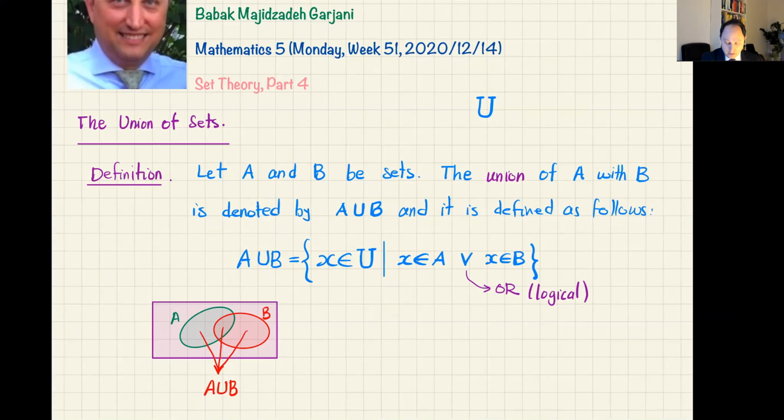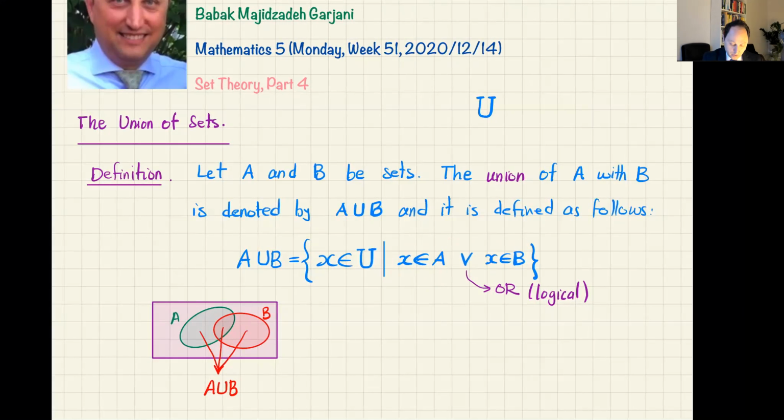And I talked about this: the 'or' in mathematics is the logical or, it's not the exclusive or, it's inclusive. So if this is true and this is false, we say that the statement is true. If this is false and this is true, again we say that this statement is true. And if even both of them are true, then again we say that this statement is true.